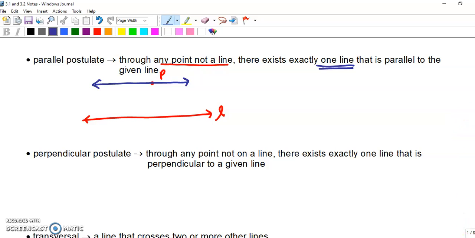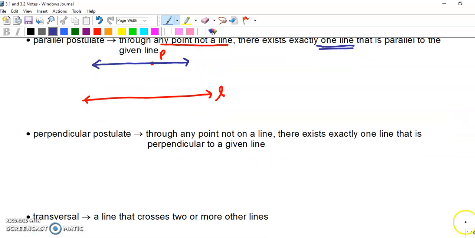So the same thing is true for perpendicular, okay, through any point not on a line. So I've got some line, line M, and I've got a point X not on that line. There's one and only one line I can draw that is perpendicular to it. So perpendicular to means at a right angle, okay?